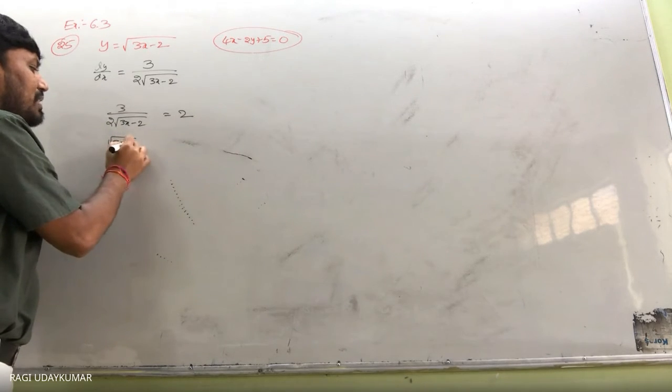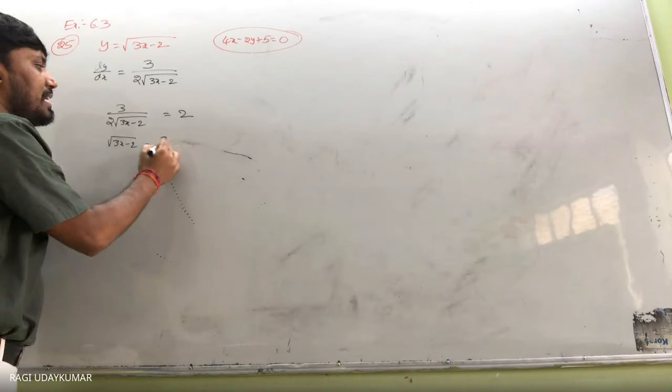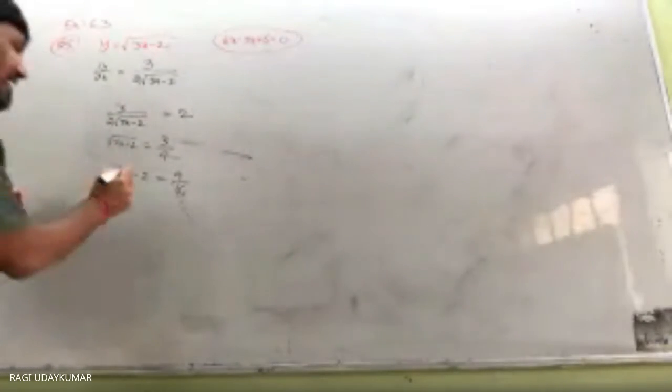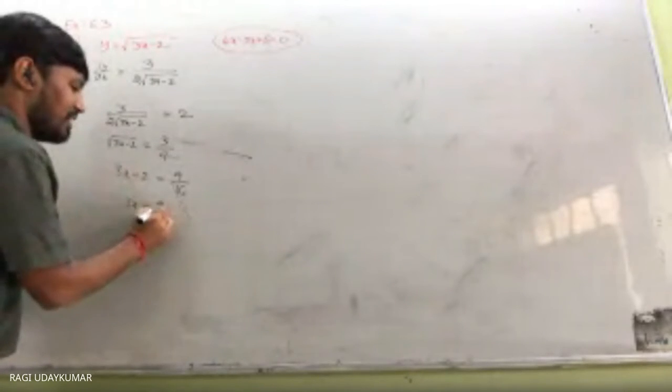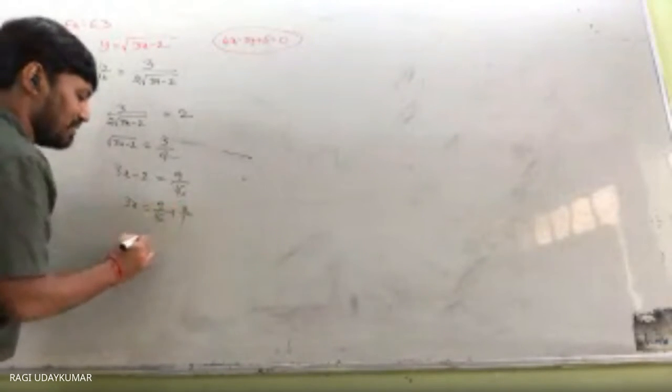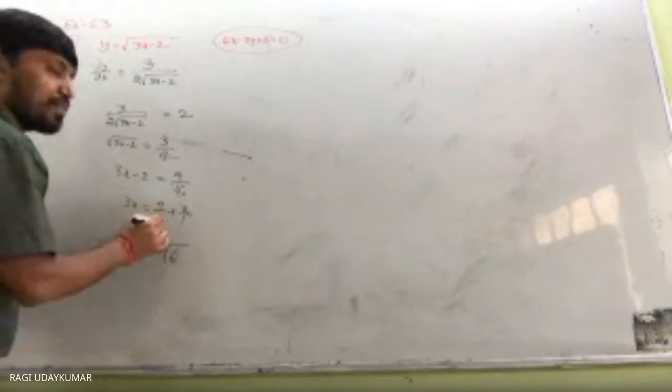Under root of 3x minus 2 is equal to 3 by 4. 3x minus 2 is equal to 9 by 16. Find out the x value. After finding the x value, substitute that x here and the y value will come, and we get the point. 3x is equal to 9 by 16 plus 2, that is 32 by 16.